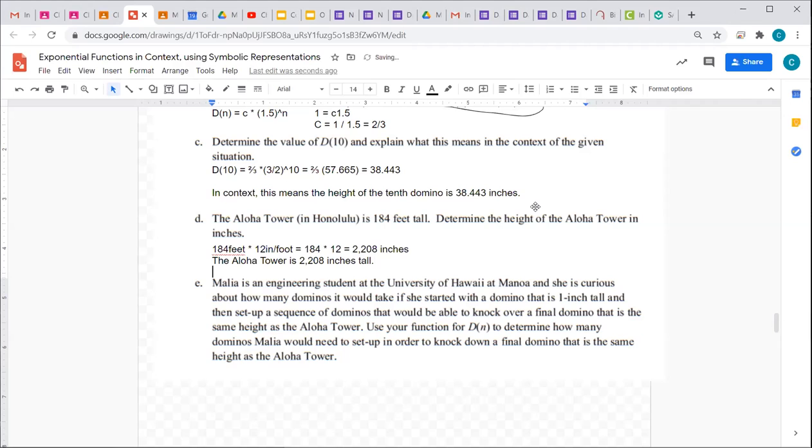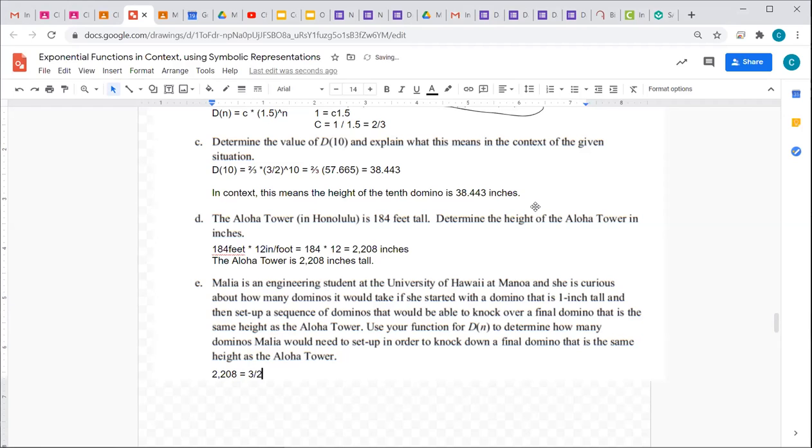So in other words, the output is what we're given. We're told the height of the Aloha Tower. So we can actually still use the same symbolic representation. We know the output is 2,208, but we don't know the input.